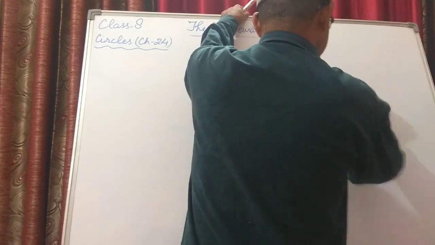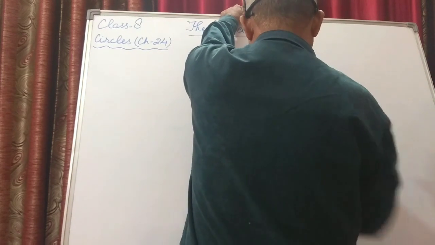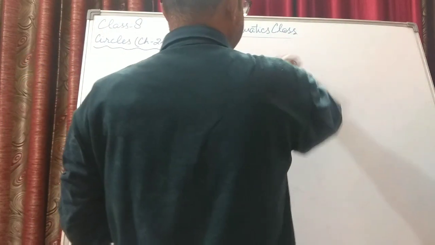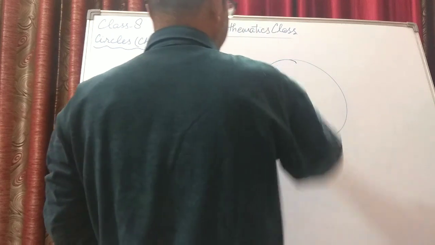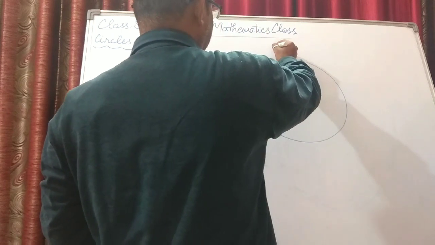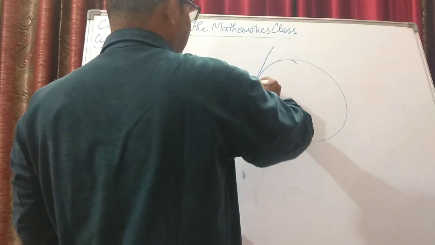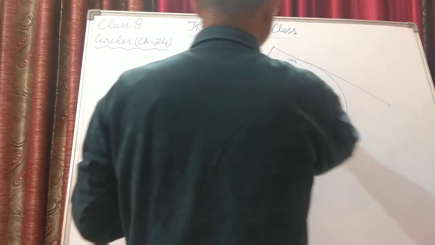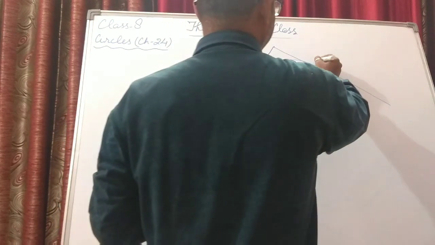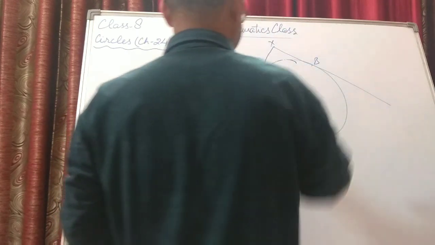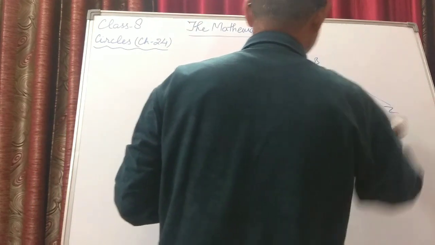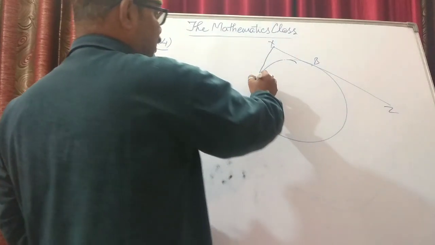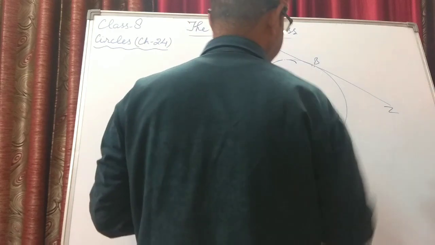Suppose I draw a circle like this and I draw lines from this point X which are almost touching the circle, at points let us say A and B. So XY or XA is a tangent and XB is a tangent.